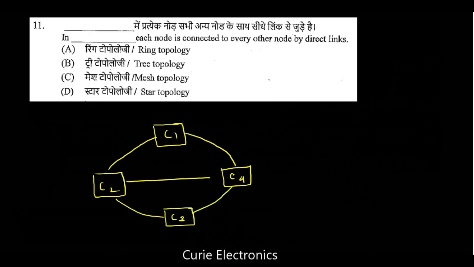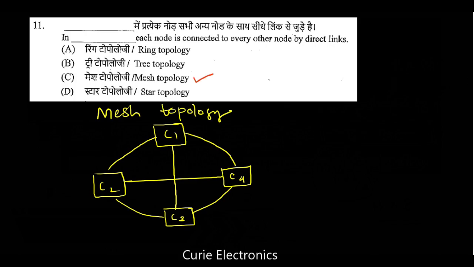Every node is connected with the others; C1 is connected to C2, C3, C4. Each node is connected to every other node by direct links. So this topology is the mesh topology. So the answer is mesh topology.